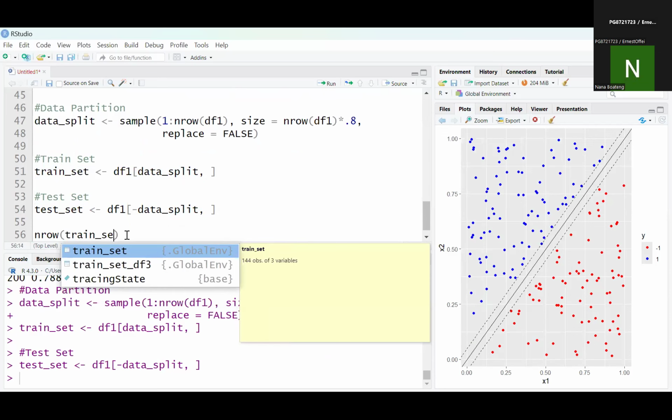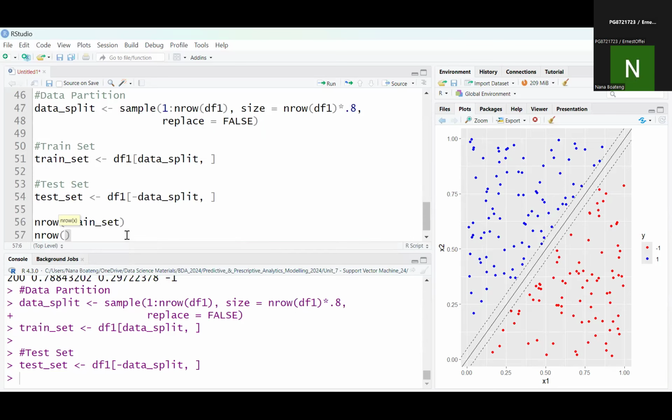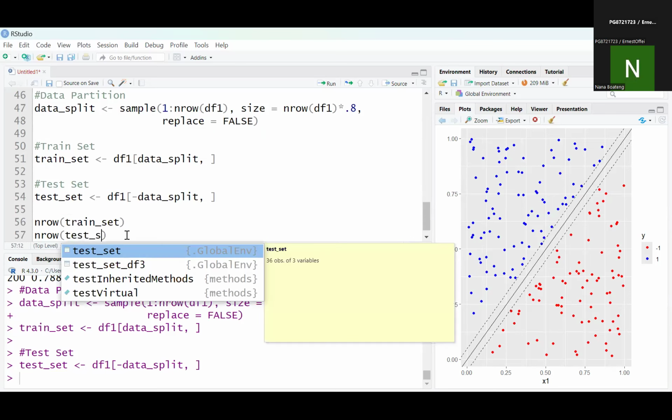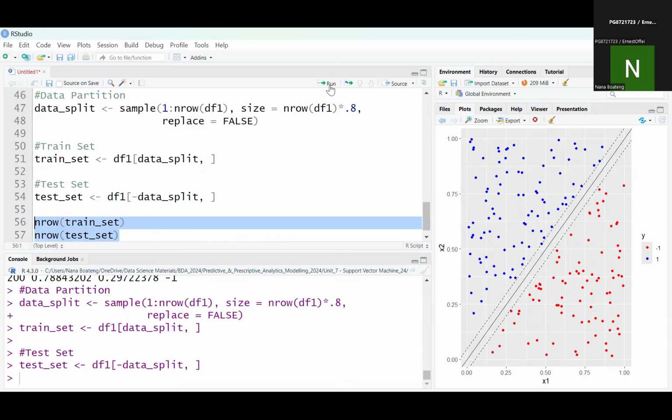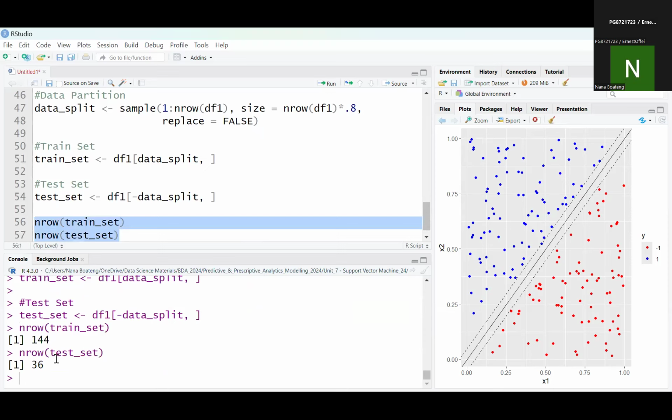And then let's do the same thing for our test set. You could also do a glimpse just to have a look at them. If you want to do a glimpse, then you need to call dplyr from the library. So we have this. Okay, 180. Good.